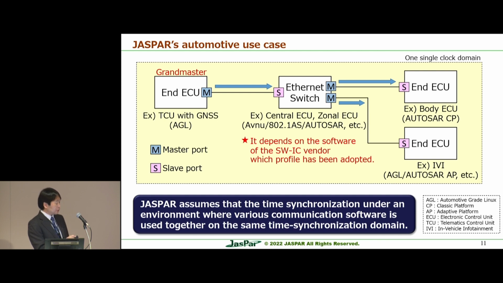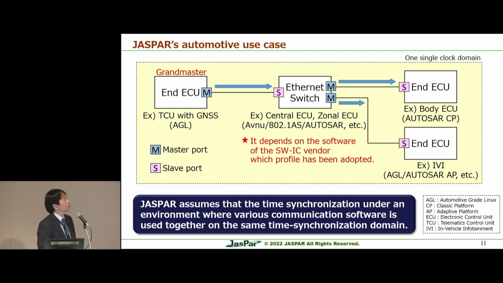This diagram shows an example of the in-vehicle Ethernet network. ECUs are connected via Ethernet switch. Examples of the ECU are the telematics control unit, TCU, the in-vehicle infotainment, IVI, and the body control ECU. Examples of the Ethernet switch are the central ECU and the zonal ECU.